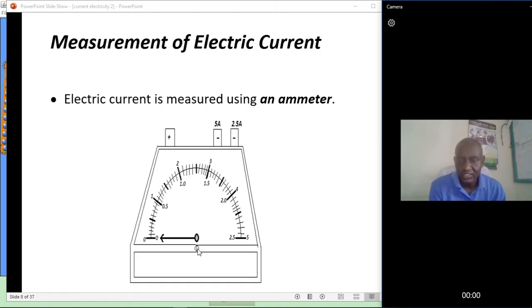So you ensure this one here, if you rotate it, sometimes this one may be far below 0 or above 0, so adjust until the pointer just points at 0.